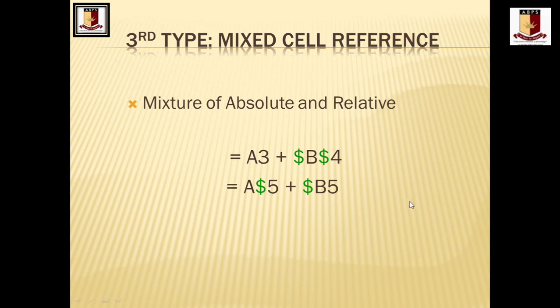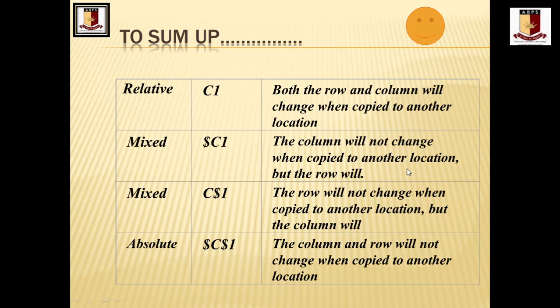Okay, next slide now. What do we learn in this? Relative referencing: in relative referencing, both the row and column will change when you copy to another location. This is called the relative one. The mixed one, where one thing changes and another one is fixed, is called mixed.